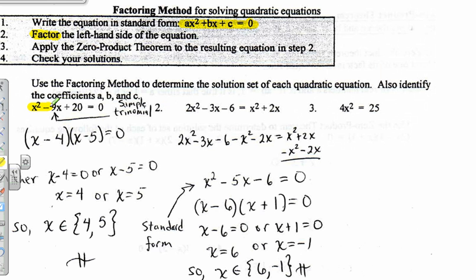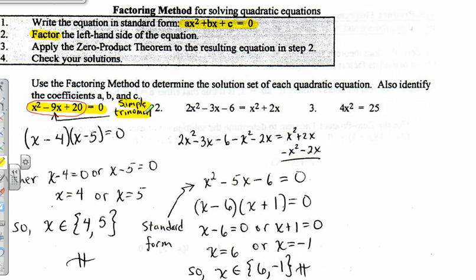So the first example here is x squared minus 9x plus 20 equals 0. Notice that it's already in standard form. So what I have to do now is figure out what kind of polynomial I have on the left-hand side. That polynomial is, as it says right here, a simple trinomial.